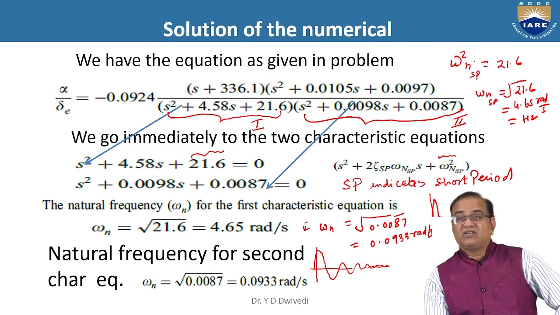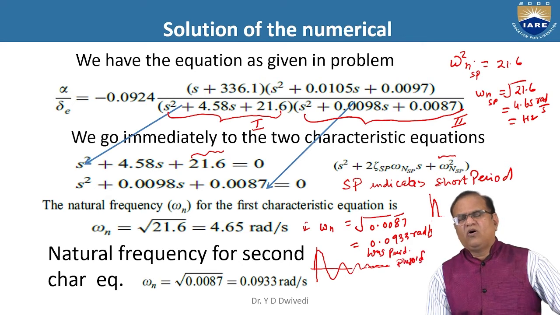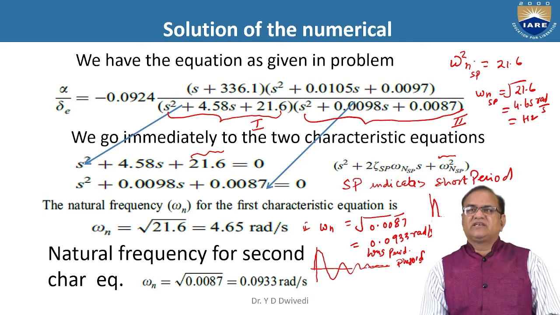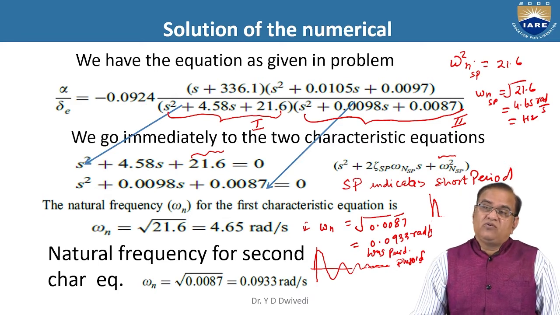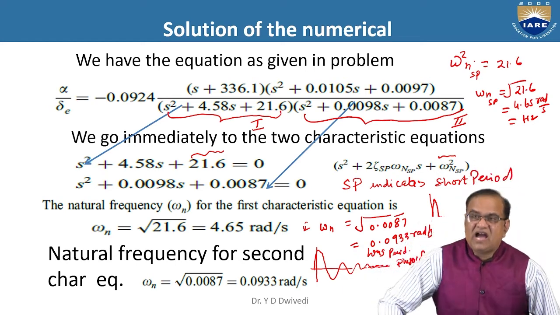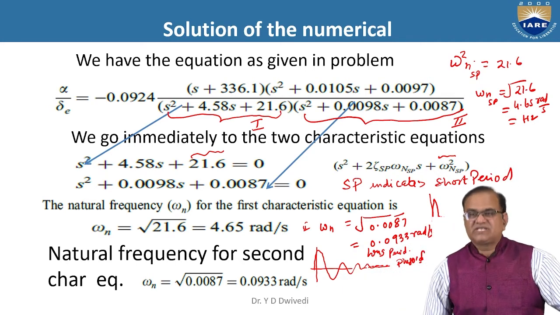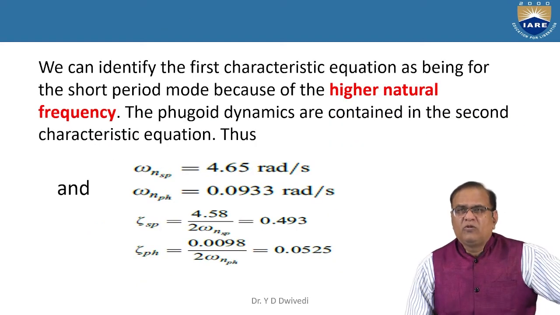So this is called the long period, or phugoid. It is a phugoid case. So like this, we have to find out the frequency. If the frequency is high, it means it is vibrating very highly and coming down to its equilibrium position.